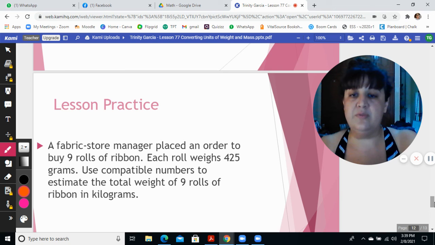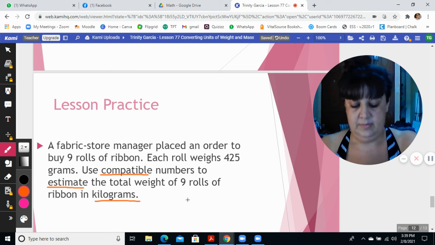Each roll weighs 425 grams. Use compatible numbers to estimate. Okay, there's your clue. You don't need to find an exact answer. The total weight of 9 rolls of ribbons in kilograms. You're going to need to show your equation there on letter E. How do you figure that out?